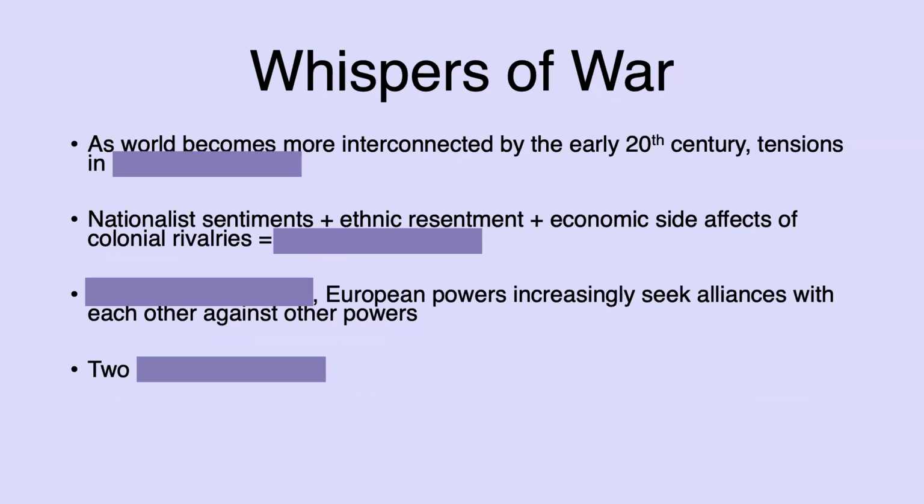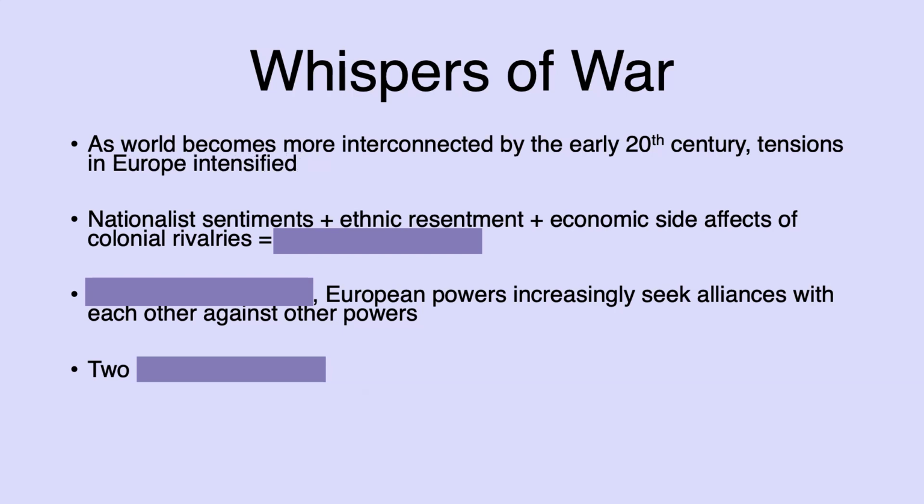So, throughout the 19th century, early 20th century, the world is becoming more interconnected with global trade, with European imperialism, with American imperialism, mass migration patterns. And so tensions in Europe are intensifying. There are growing nationalist sentiments with this rise in migration from Africa and from Asia into Europe as part of that imperialist dynamic.